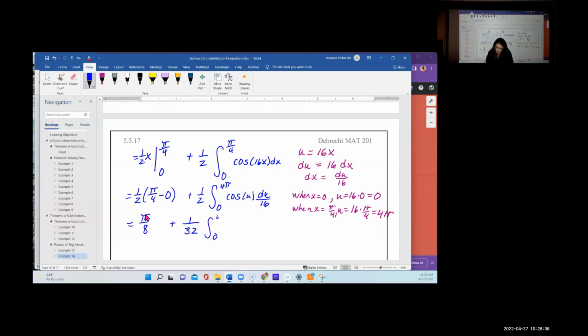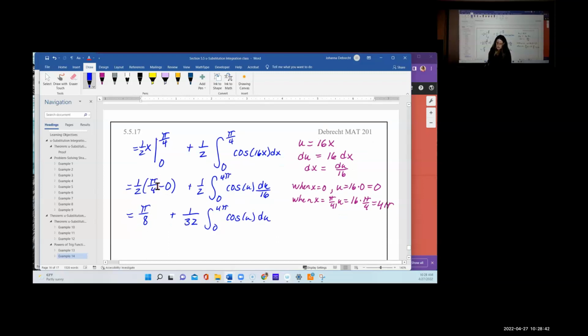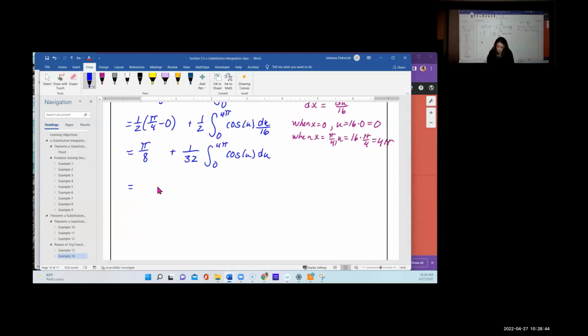The integral from 0 to 4 pi, cosine of u du, which is sine of u. And then I evaluate that between 0 and 4 pi.